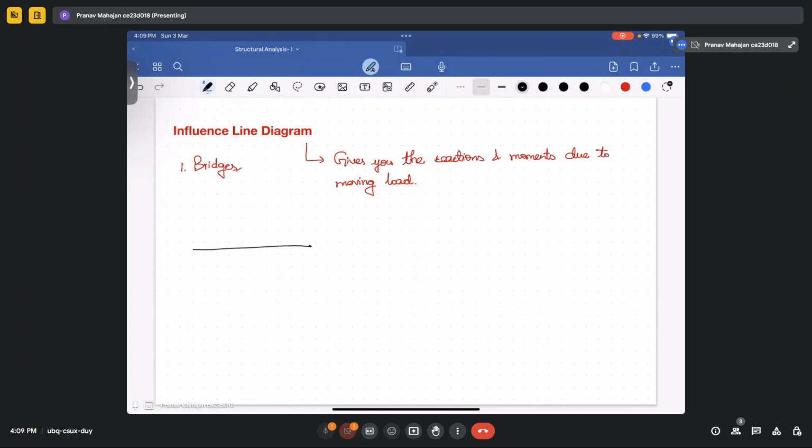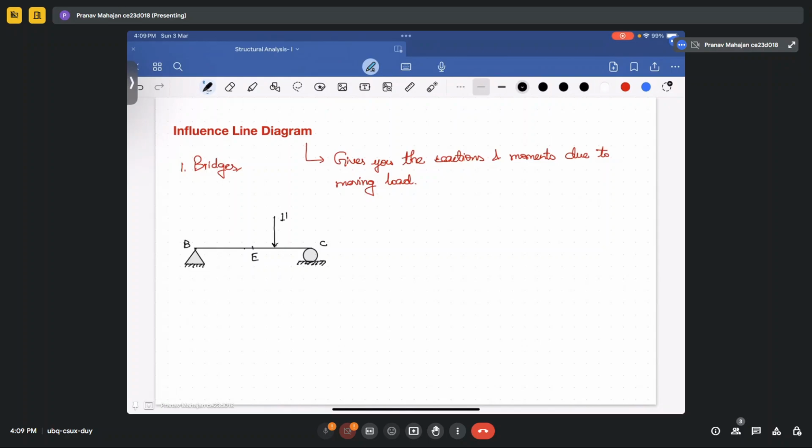So what we have done, suppose we have a beam element. Okay, so if we have this beam element, a simply supported beam with supports B and C, and suppose the point load is currently at this position.